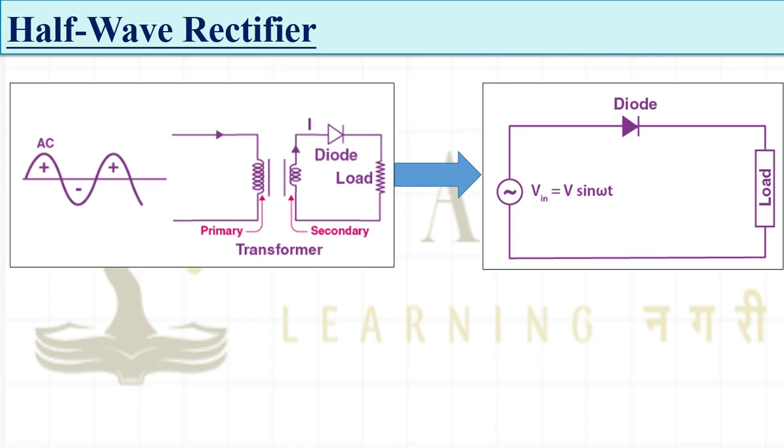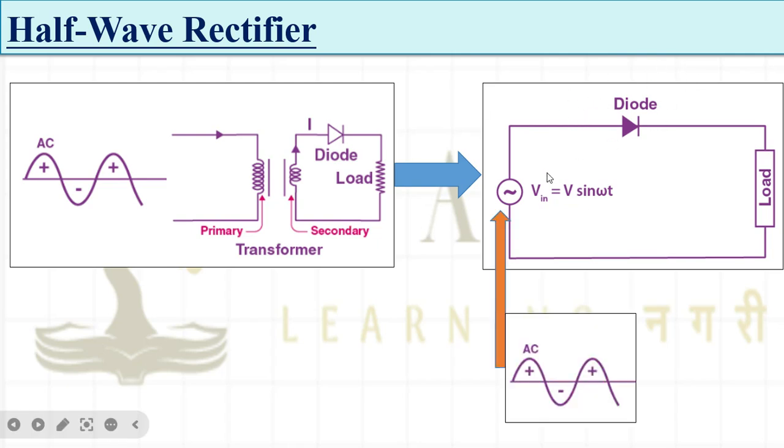But this is the basic half wave rectifier circuit. So what is this AC supply? This is my sinusoidal supply which I am going to give here. What output am I expecting? I need the DC output, one constant output which I can use.